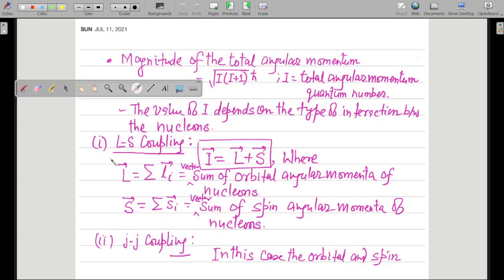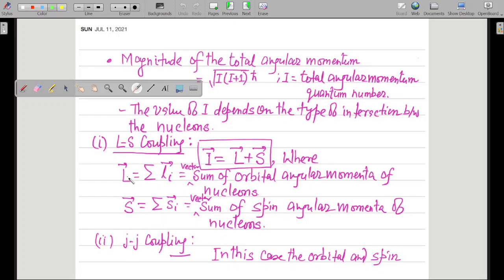Okay, so LS coupling and JJ coupling we saw. The same things have been written over here. So this is your total angular momentum quantum number I, and it will be equal to L vector plus S vector, where L vector is equal to the sum of Li vectors, the orbital angular momenta of nucleons, and S vector will be equal to the summation of Si vectors, the spin angular momenta of nucleons.